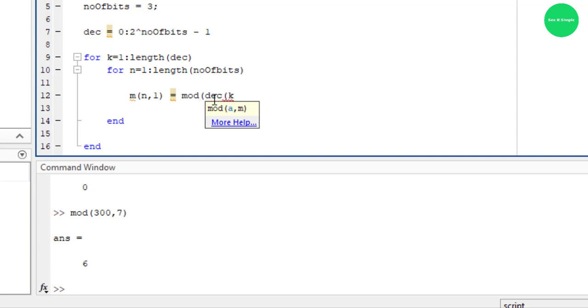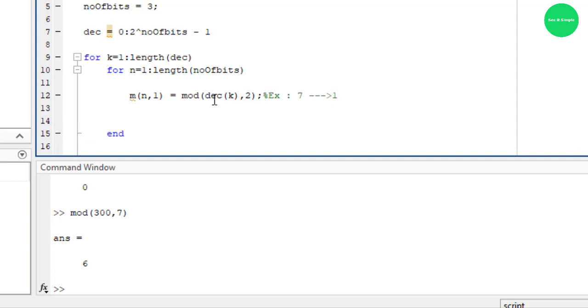k, we have to get the modulus mod 2. When we take 7, mod 2 gives 1.